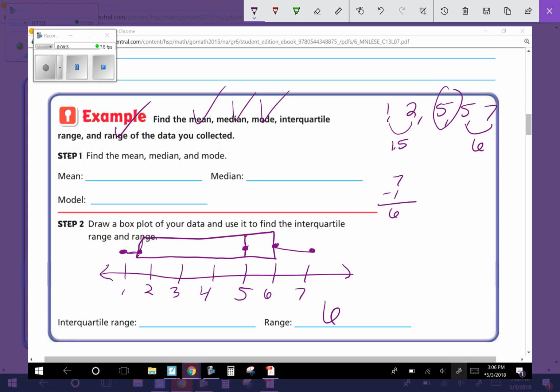I take the highest value there, which is 6, minus the lowest value in my box, which is 1.5. Which is 4.5. So my interquartile range is 4 5/10, or 4 1/2, 4.5.